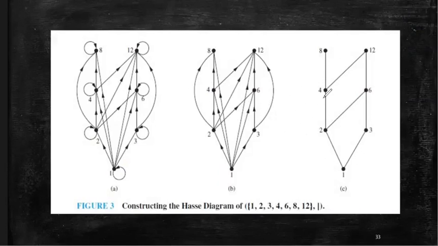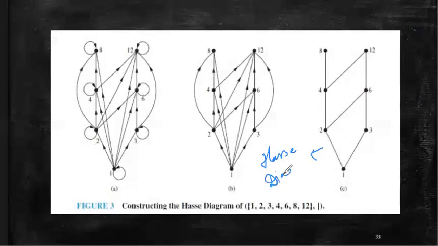Now based on this final diagram, which is known as the Hasse diagram, we have to check our properties. To study the maximal element and the minimal element, the simplest definition is as follows.